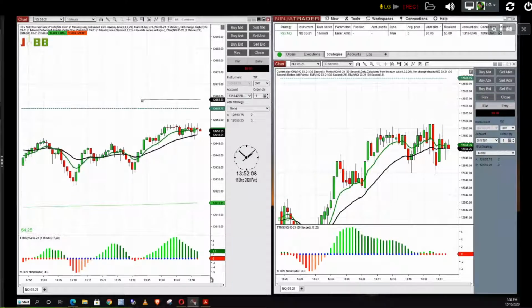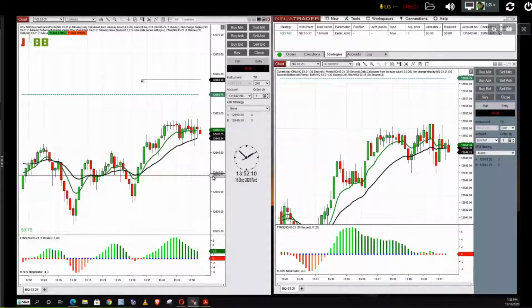We just don't have good levels on the bottom. It's in the middle of nowhere on the short side to go long.